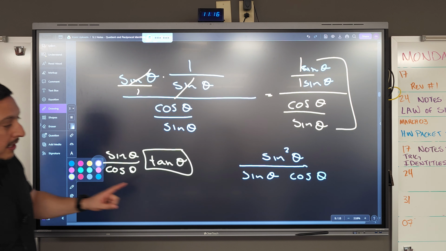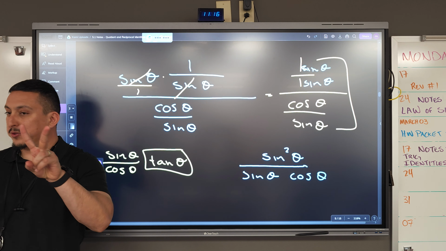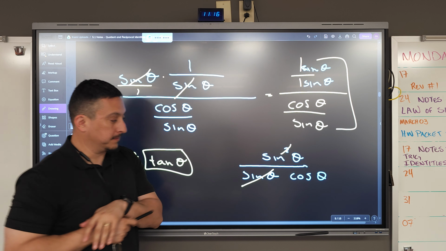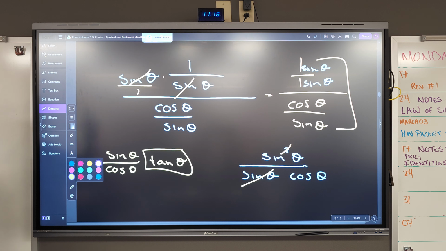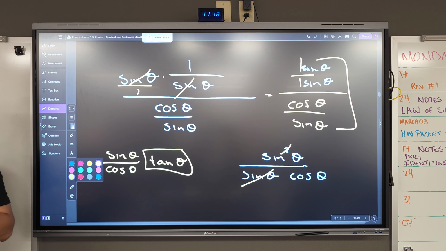So here's what happens. You remember, squared is 2 of them. So this one cancels with 1 of the 2, which leaves you just 1 on top, which is the same thing as mine, sine over cosine. So it's still the same thing. Either cancel up here or cancel down here, but you'll still get the same answer. Is that all right, guys?